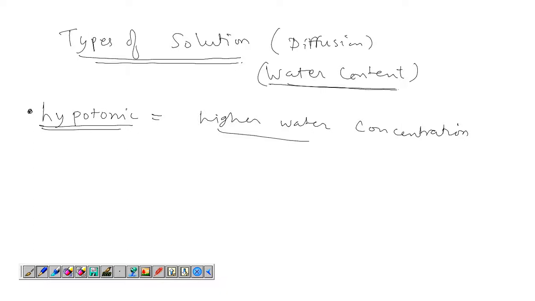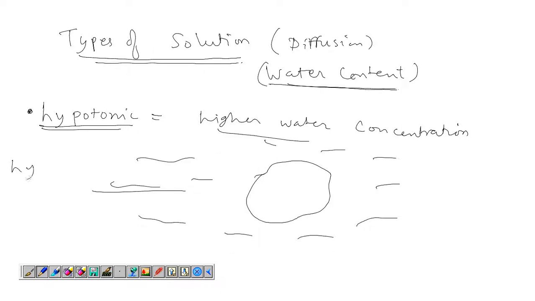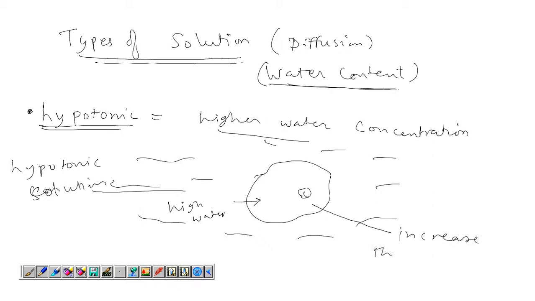So if there is a cell, and the outside environment is a hypertonic solution, with high water concentration, it means the water will go inside the cell by the process of osmosis, and after this process completes it will increase the size of the cell, because the cell will get some amount of water from outside.